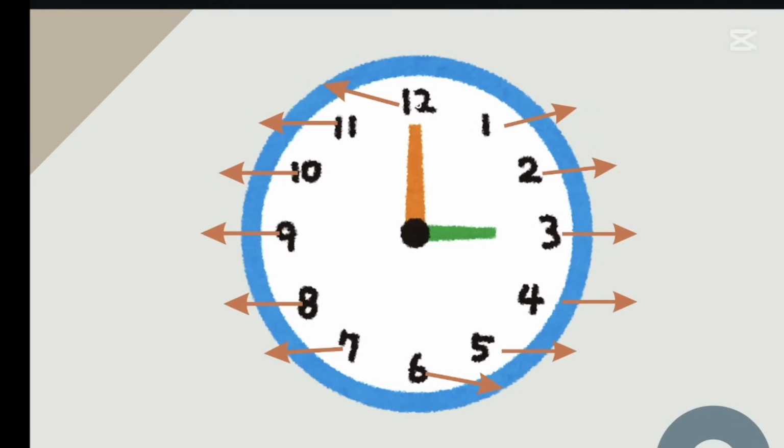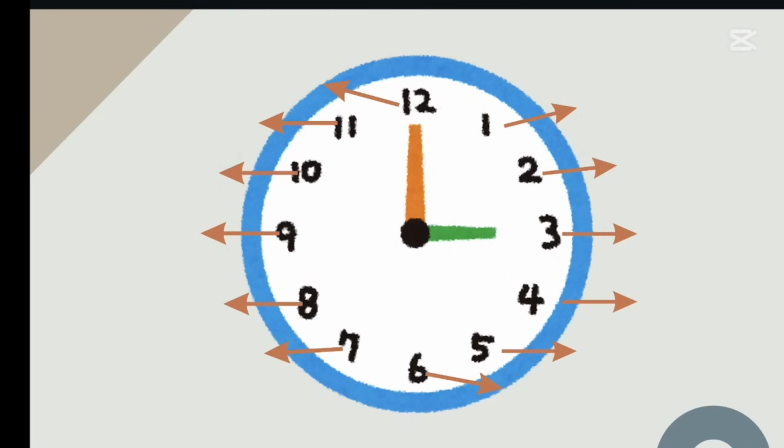Here in our clock, how do we tell the minutes? We simply skip count by 5.